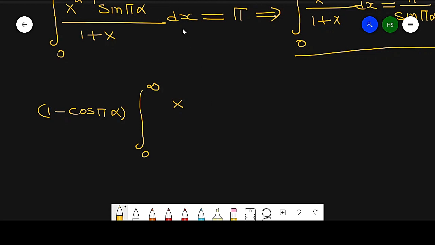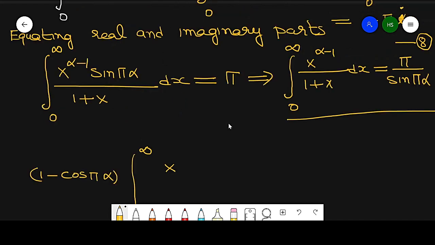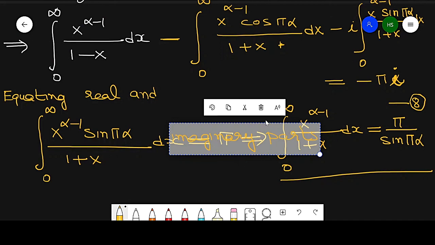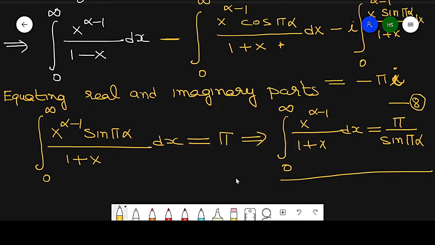So what is the real part? I check that. Now this is imaginary, so the real part is this. This is cos pi equal to 0.